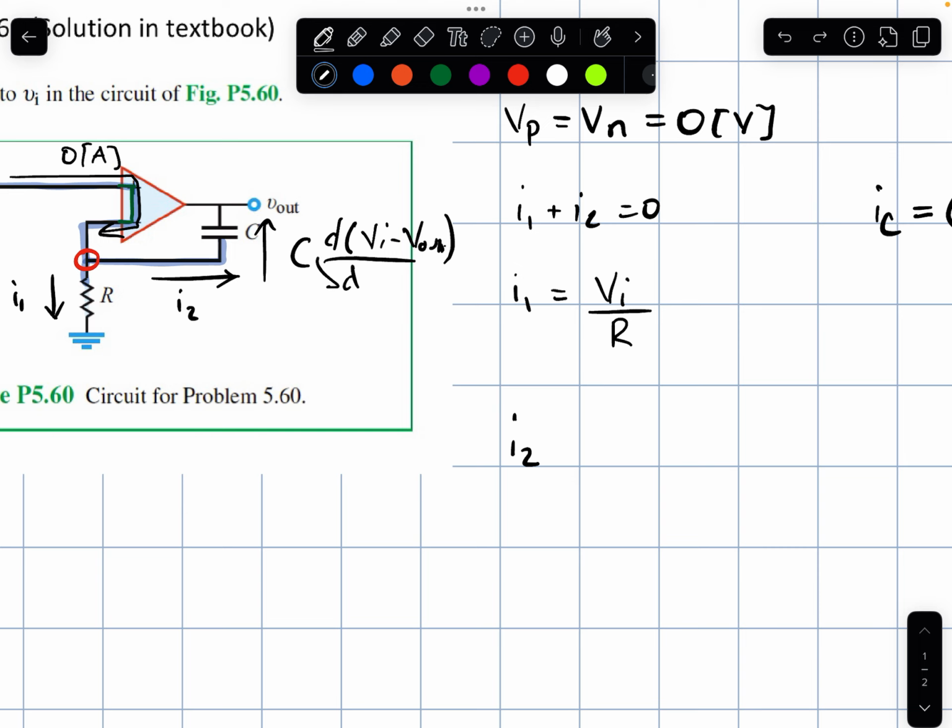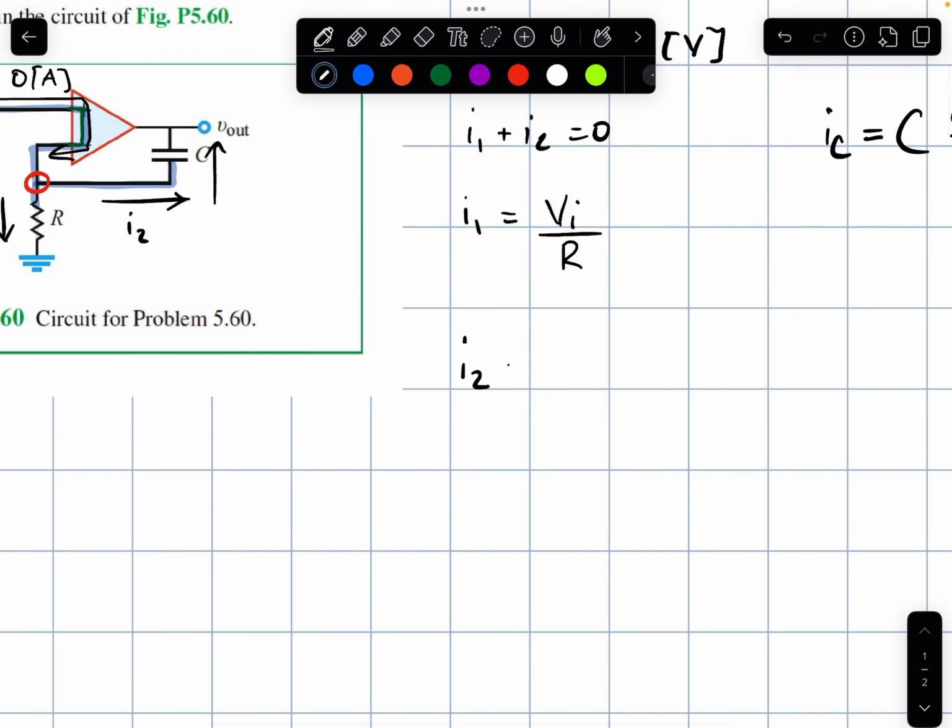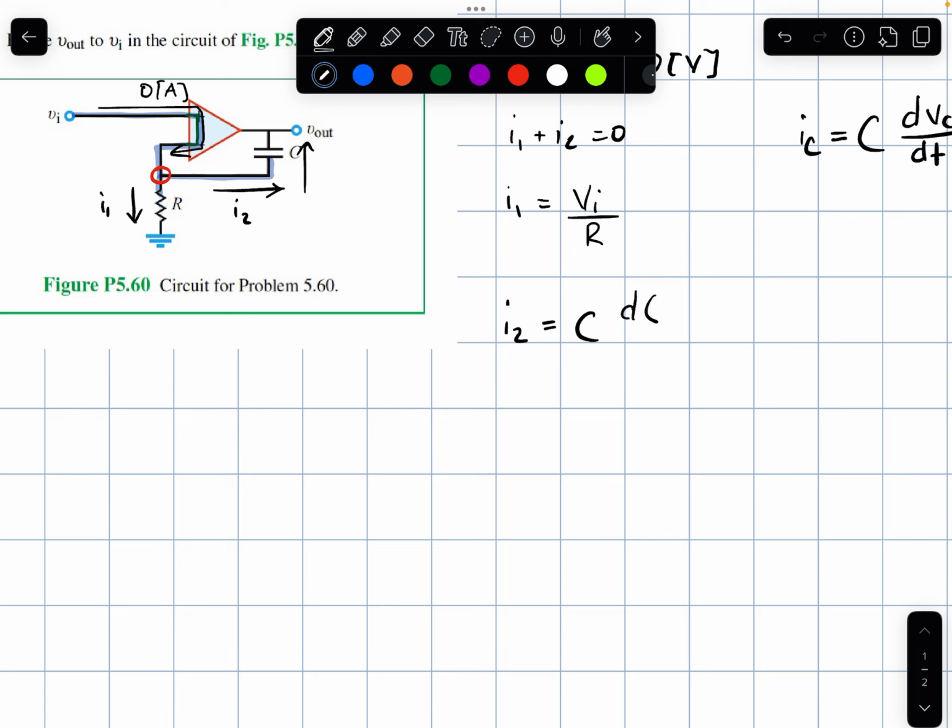So I2 equals C d Vi minus V out over dt. So that's pretty much that.